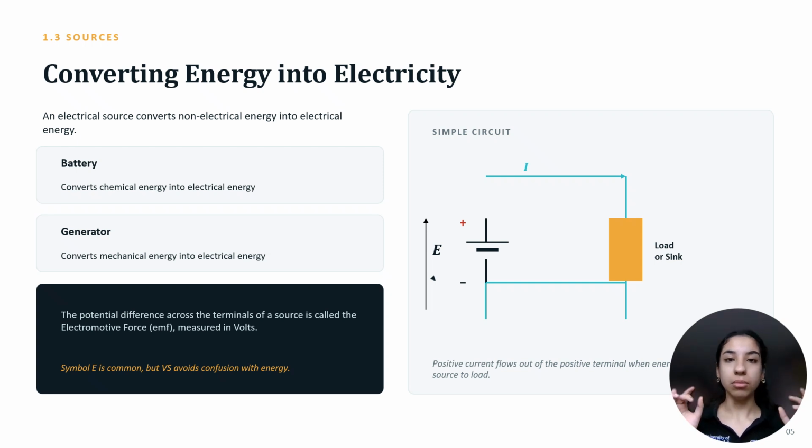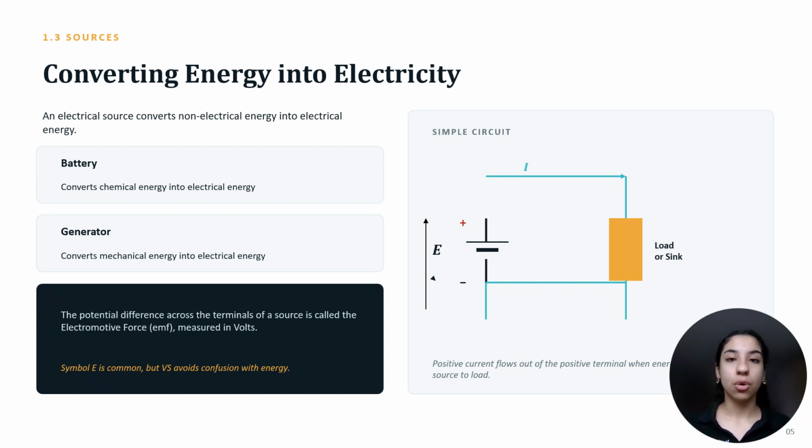And in a battery, you got positive terminal and negative terminal. So the potential difference between these terminals of a source is called the electromotive force. And we always say it as EMF, and it's measured in volts.